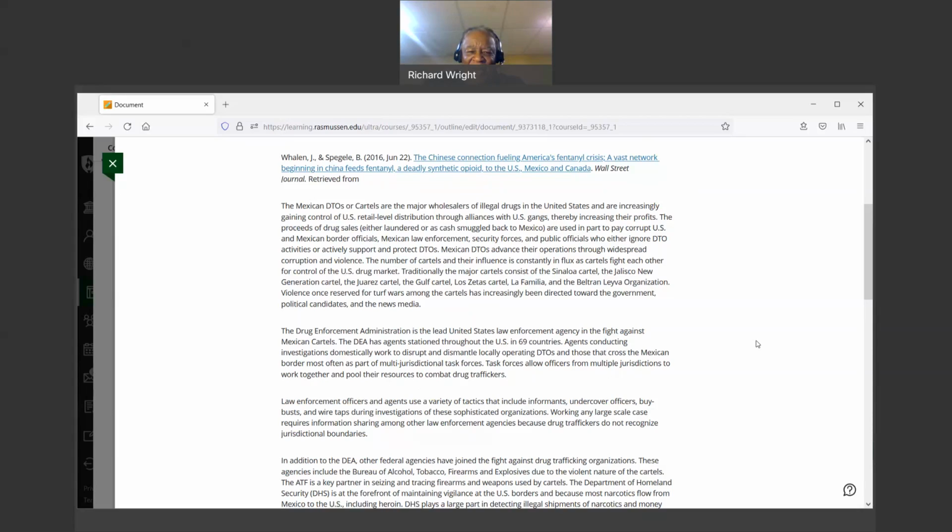They pay the gangs so that they can distribute the drugs, and then the drug sales are either laundered or smuggled back to Mexico.